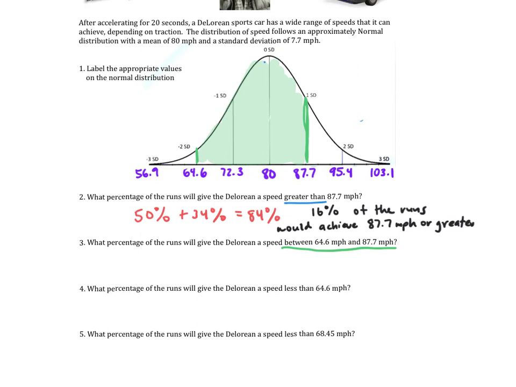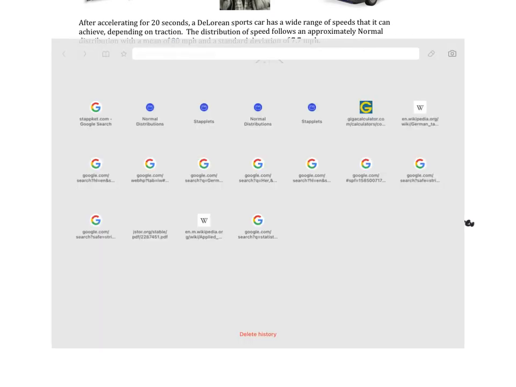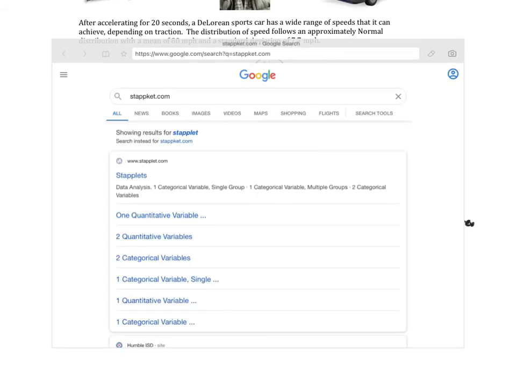So we know it's a little bit more than 68%, but since it's between two values, let's go ahead and use the Staplet app. So I'm going to pull it out. It's browser, Staplet. Keep misspelling it.